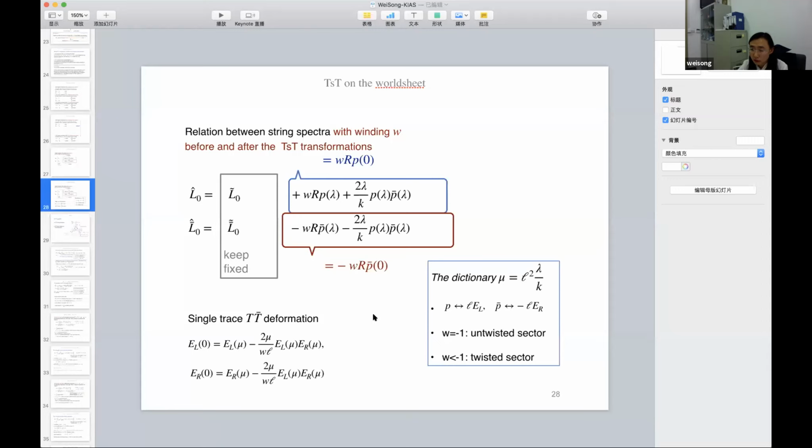Why is it broken? Can you explain a little bit more? In general, from the field theory side, if we consider TTbar, it also breaks conformal symmetries, and there are only two Killing vectors in the theory.